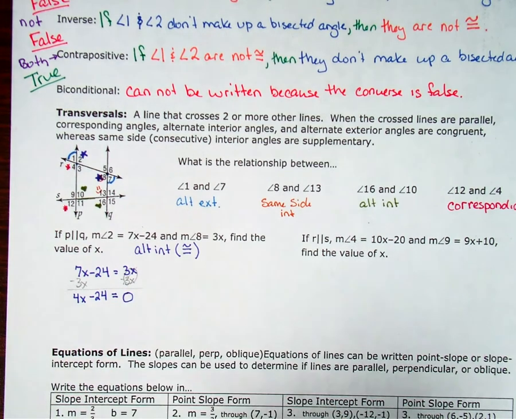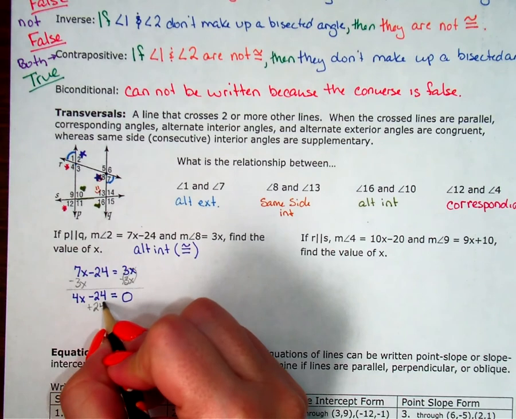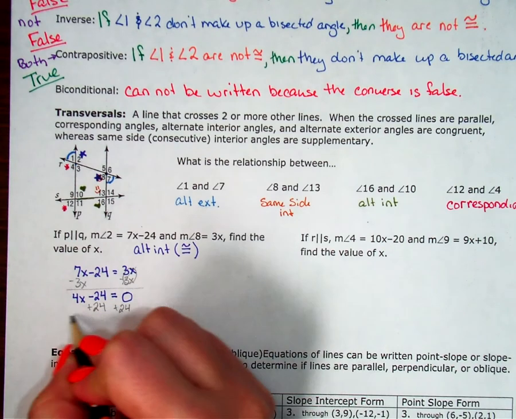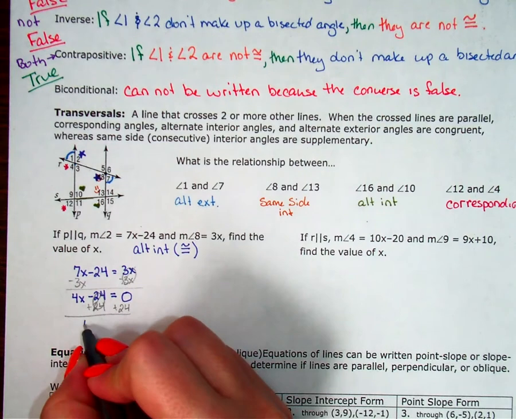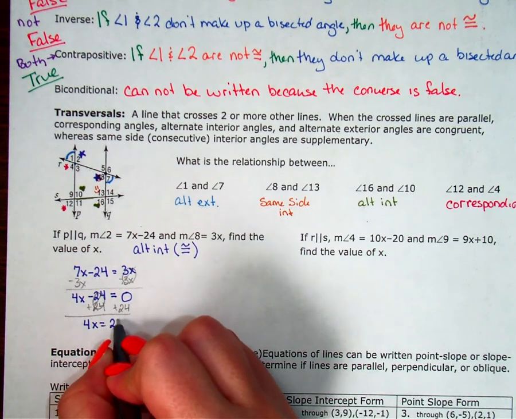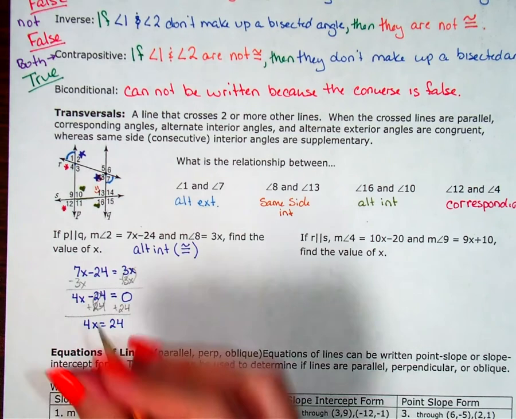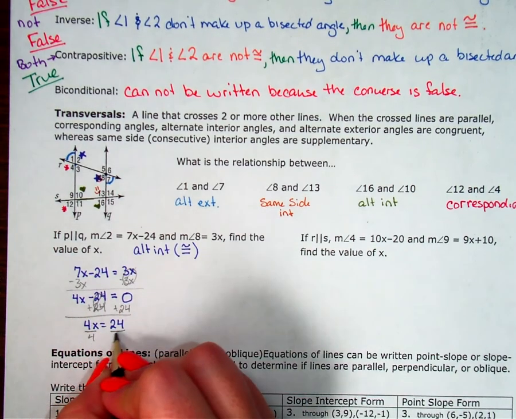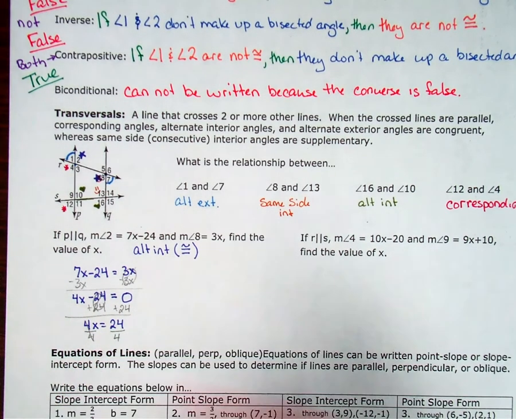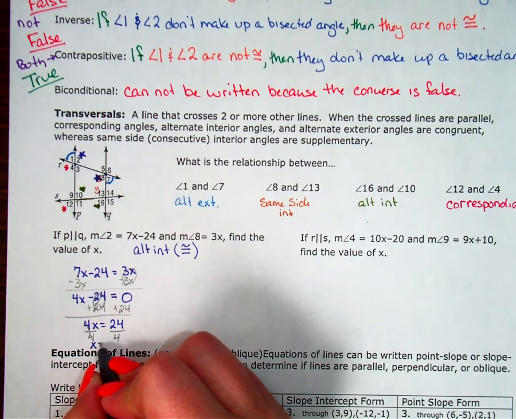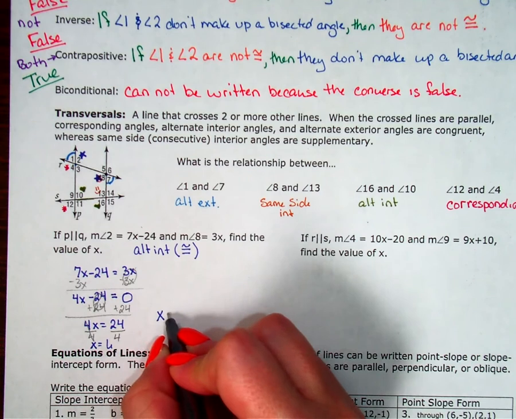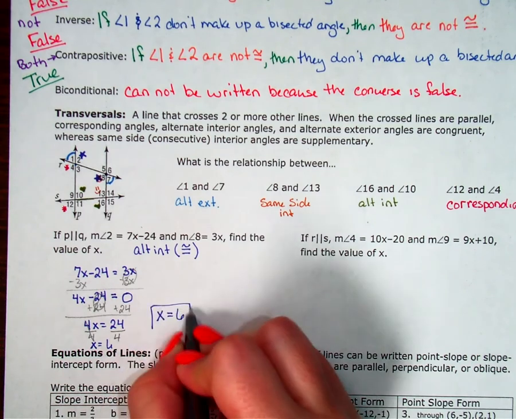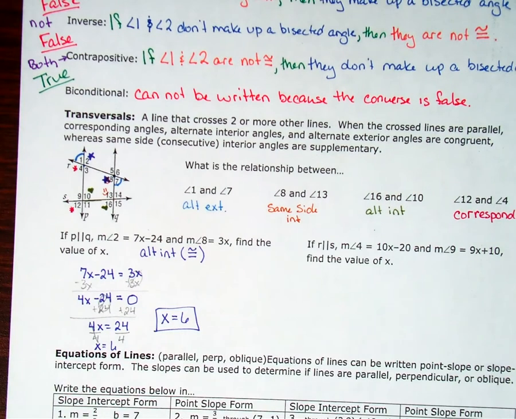So now I'm going to add 24 on both sides and get 4x equals 24. Divide both sides by 4, and x equals 24 divided by 4, which is 6. So my value of x is 6. We can plug it in and check our answers.